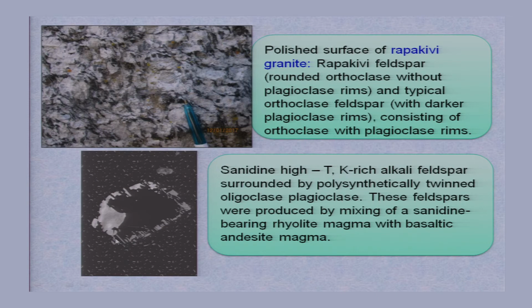Oligoclase is again a variety of plagioclase. So these feldspars were produced by mixing of sanidine-bearing rhyolite magma with basaltic andesite magma. If you find such a texture, what does it indicate? It indicates mixing of two types of magma.